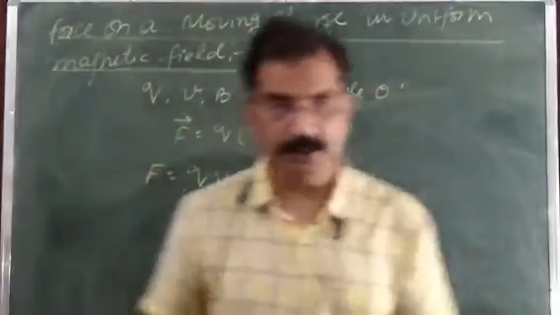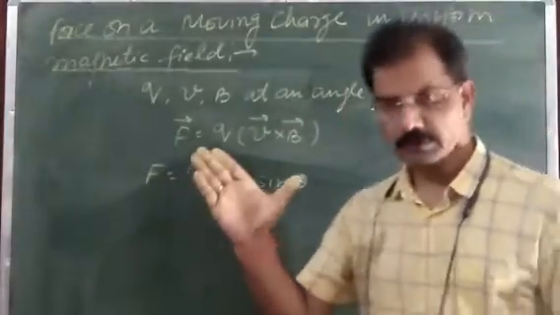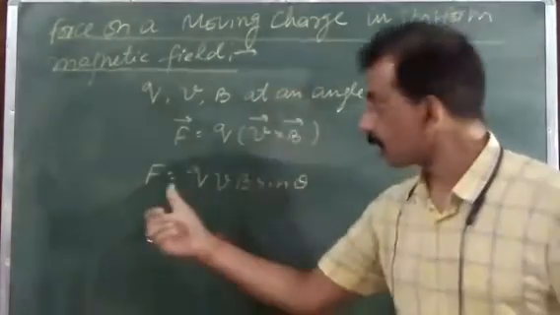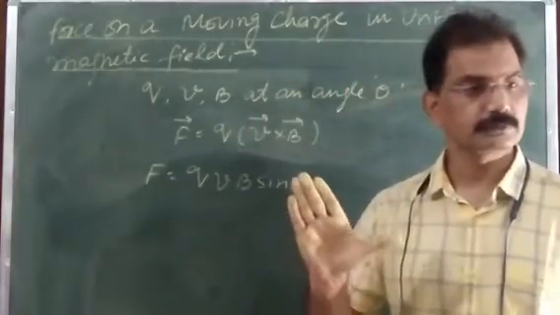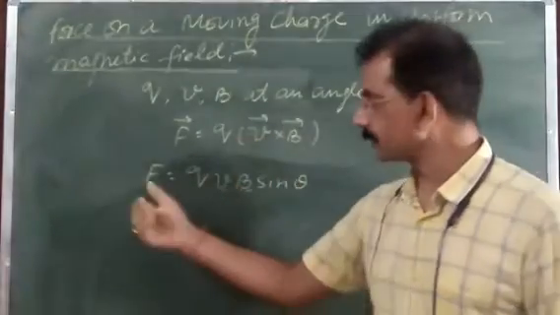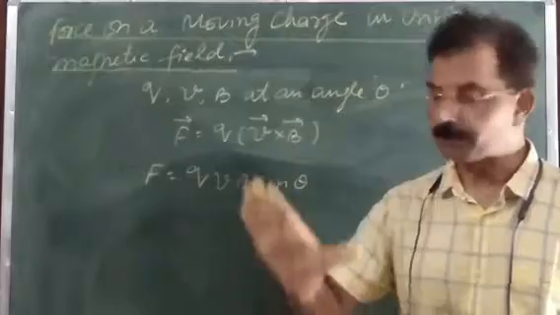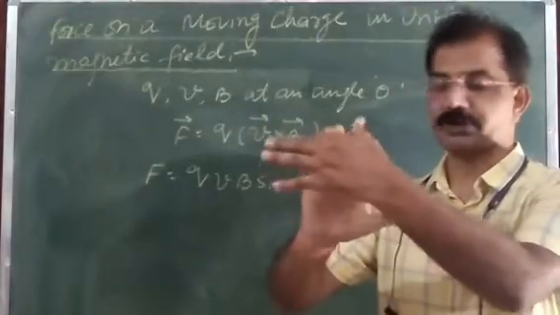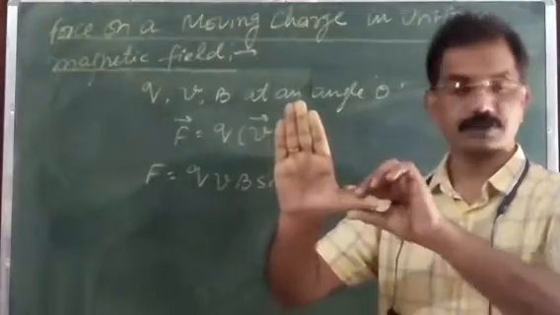For finding the direction, look here. This is the right hand palm rule I am going to use. When you use this right hand palm rule for finding the direction of the force, first, what to remember? You stretch your forefinger, and this one is the thumb.